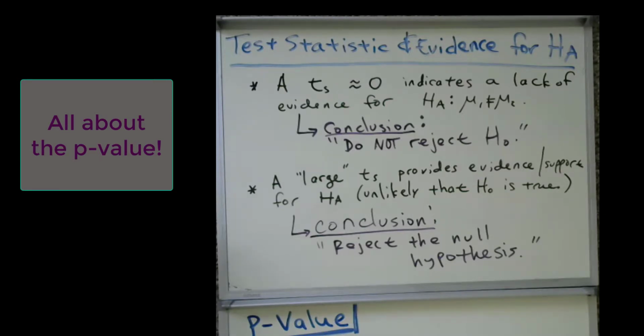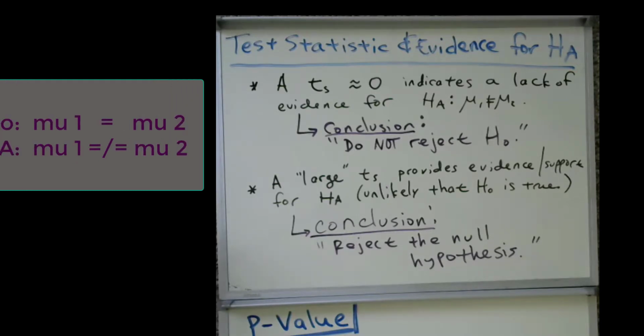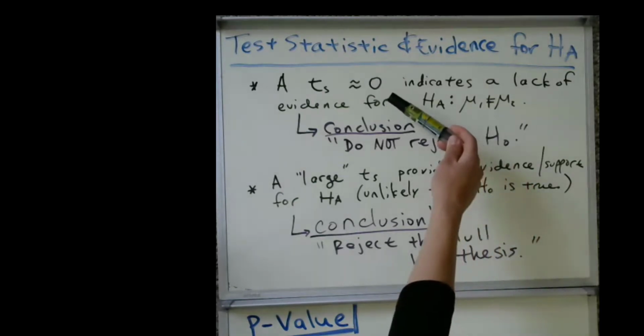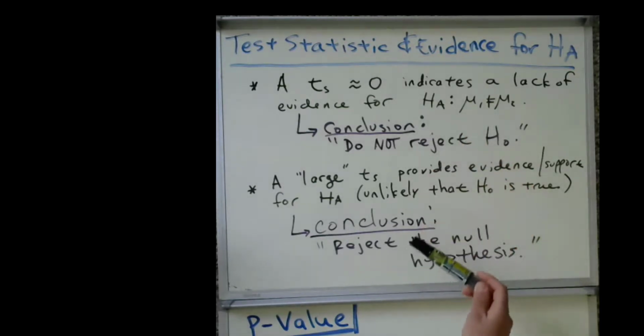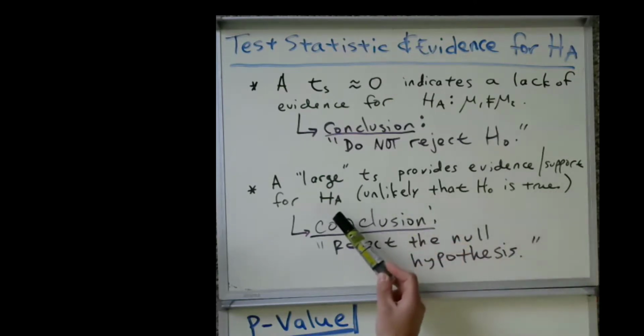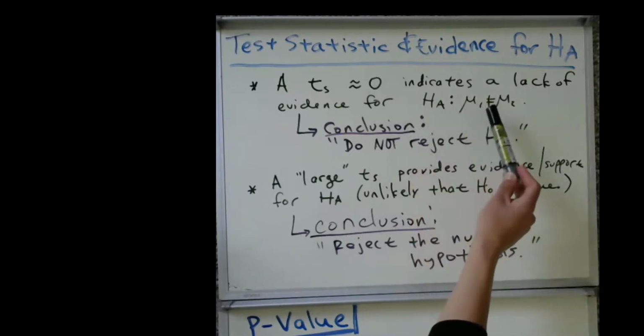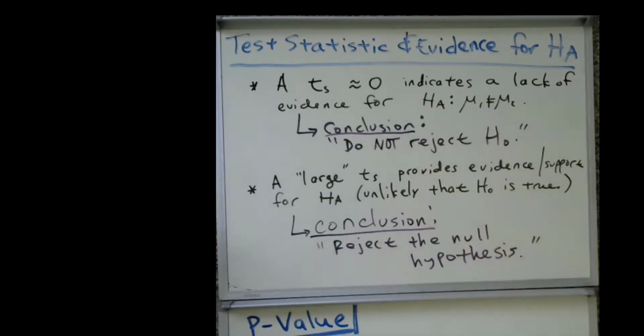In the previous videos, we have discussed setting up a hypothesis, evaluating the alternative hypothesis with a test statistic, and we've discussed a little bit about these conclusions and whether a large test statistic or a small test statistic, how that may provide evidence in support of the alternative hypothesis when the test statistic is large, and when the test statistic is small, that does not provide support for the alternative hypothesis.